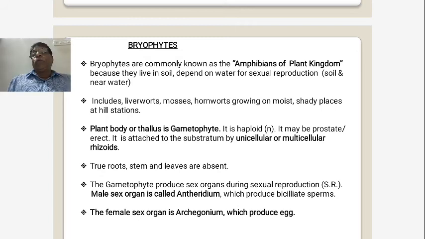The sporophyte, at the time of maturity, appears like a horn. What we call horn means ettina kombu, the sporophyte looks like a bull's horn. They are commonly found growing on moist soil. Moist soil means where shade is there at hill stations.